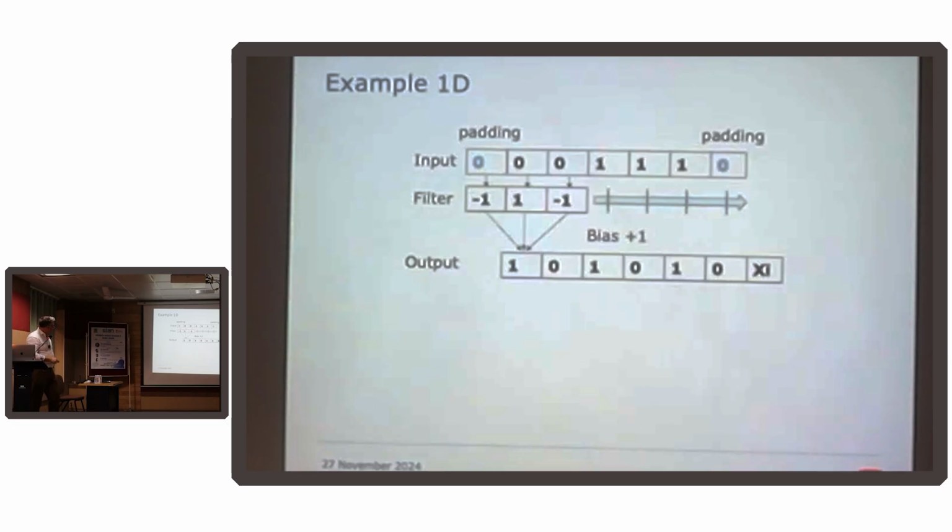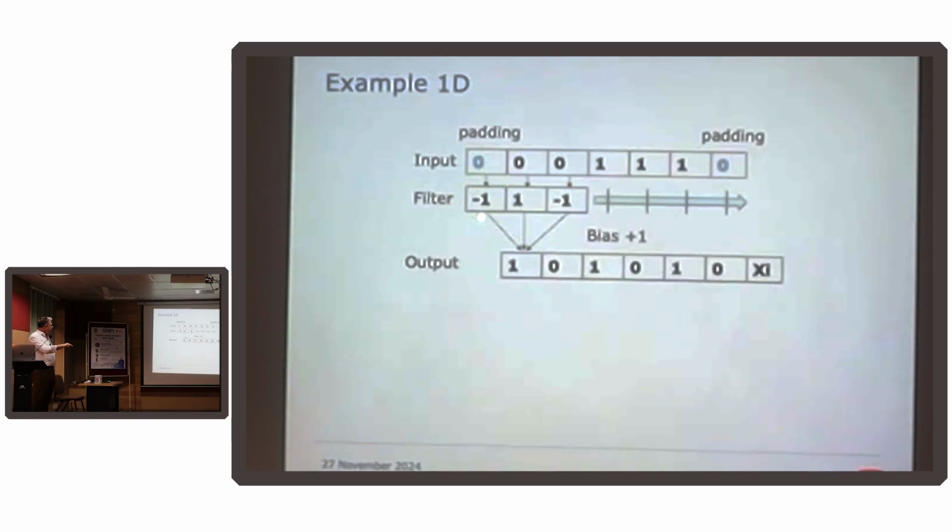That should be a 0. Oh no, we ignore the padding. The next one is 0 times -1 is 0. 0 times 1 is 0. 1 times -1 is -1. But this has taken the +1 bias on it. Sorry, I'm confusing myself. There's a bias of +1. That's what I forgot to add. That's why it didn't work.